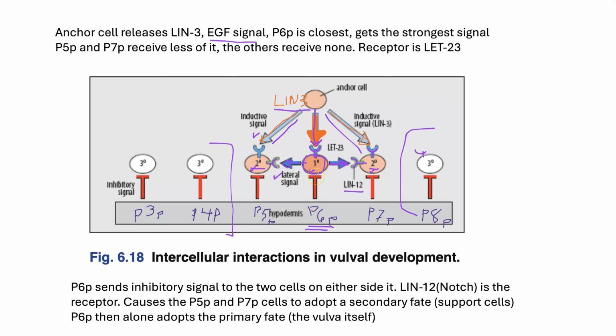And then just imagine, if you look at this diagram, think what happens if these cells don't have the receptor, the LET23 receptor. So if the worm is mutant for LET23, it means there's no receptors on any of these cells. So then what happens? Or what if there's no Lin12? What if these cells can't receive the inhibitory signal, and that sort of thing?